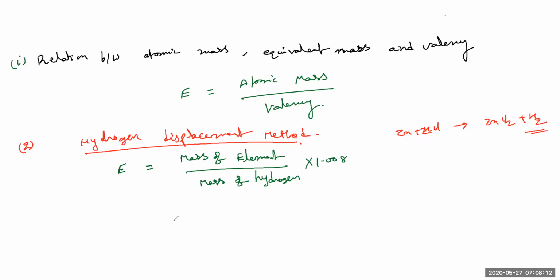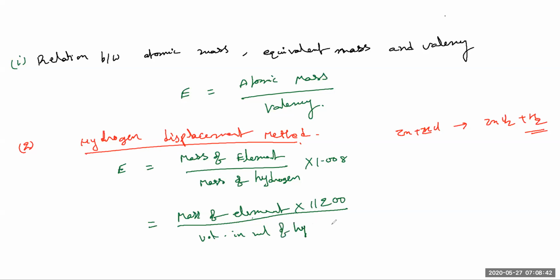Or finally, if it is a gas, the equivalent mass is equal to the mass of the element into 11,200 divided by the volume in ml of hydrogen displaced at NTP.